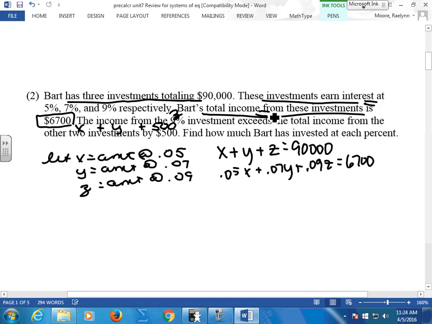Now, since it's income, what do we have to multiply those by? The 0.05 here for the x, the 0.07, the 0.09. So you get 0.09z equals 0.05x plus 0.07y plus the 500.